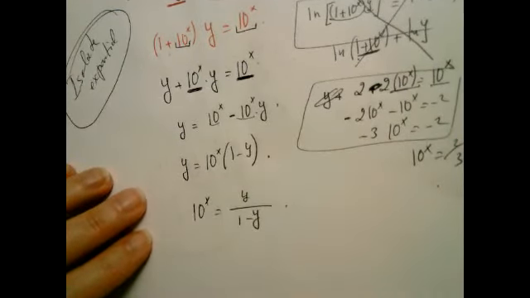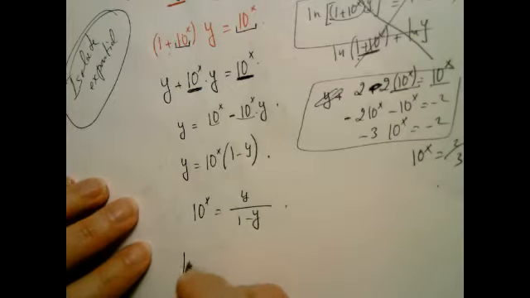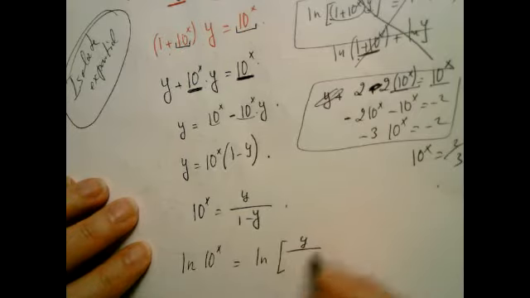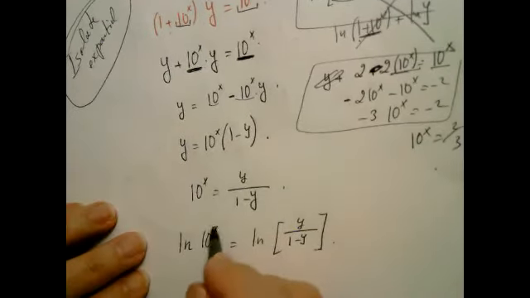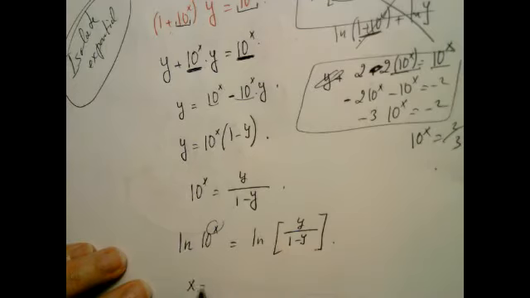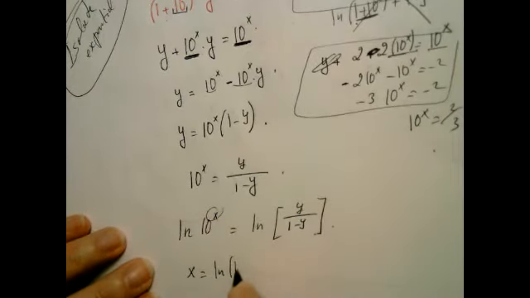Now I can take the log. Now I am in a good line. So now I can say that ln of 10 to the x equal ln of y over 1 minus y. Now ln of 10 to anything is x, ln of 10, equal ln of this.